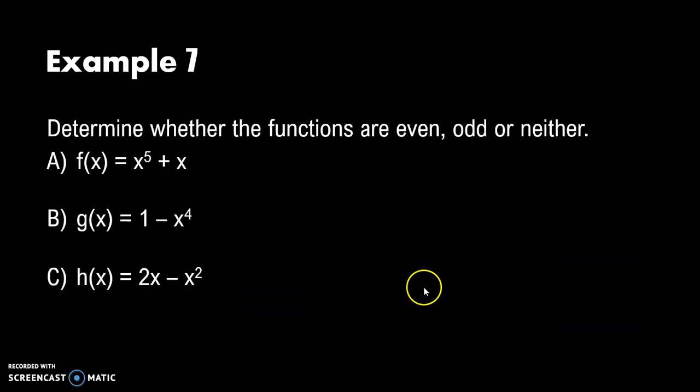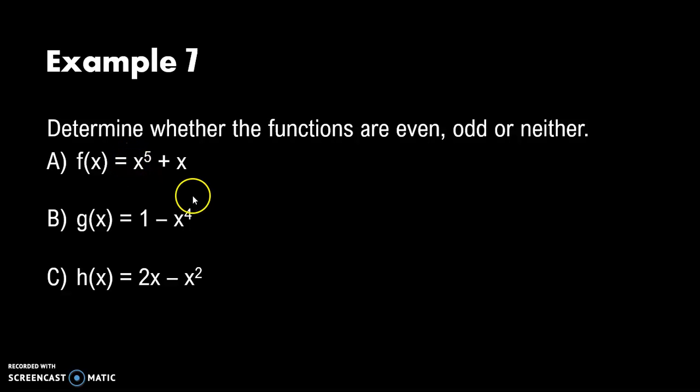Okay, so let's take a look at some examples of equations that we need to determine if they're even or odd. In this example, they just said determine whether the functions are even, odd, or neither. So in part A, they give us this function. So what we're going to do is we're going to evaluate for a negative value. So I'm going to put -x into this. And when you do, a negative to a 5th power is a negative.